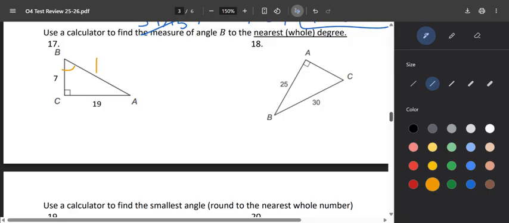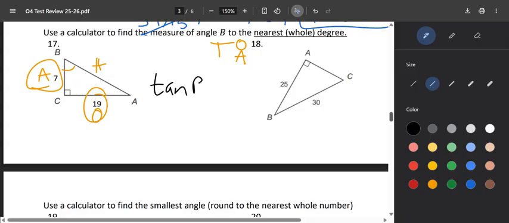So let's see, we have our hypotenuse, adjacent means next to, and then opposite. In this case, we have the adjacent and the opposite. So we're thinking back to our SOHCAHTOA. O and A, that's the tangent, right? That's the TOA part. So we're going to have tangent of angle B is equal to opposite over adjacent.